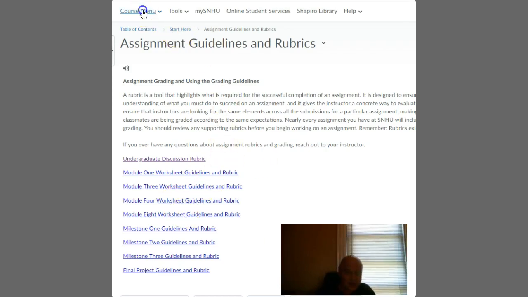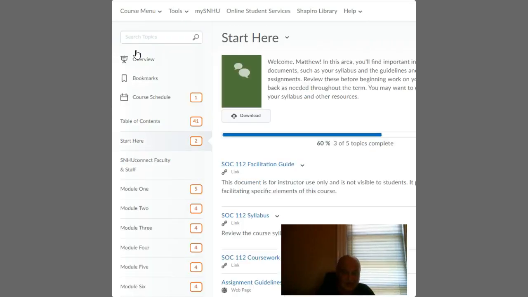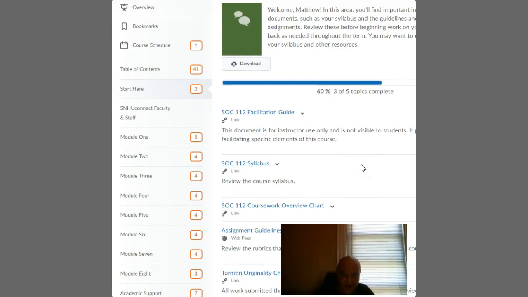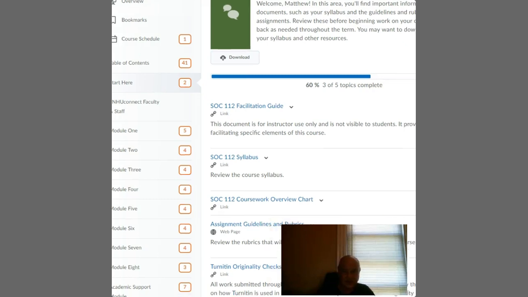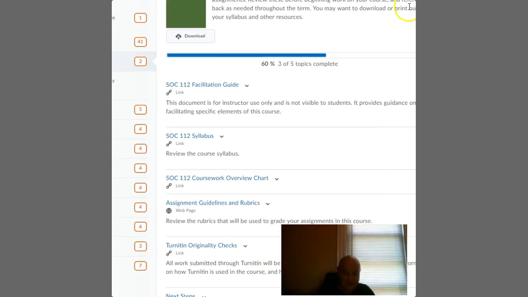So let's go back to the course manual again. Learning modules. And let's look at this first learning module. Start here. This is prior to the first learning module. So we have assignment guidelines and rubrics.